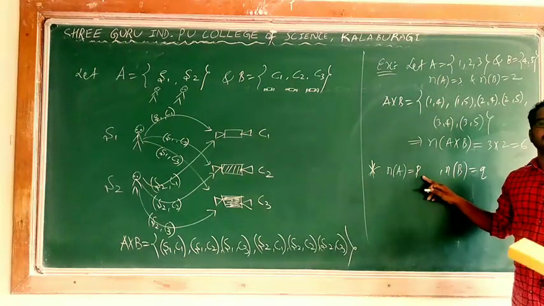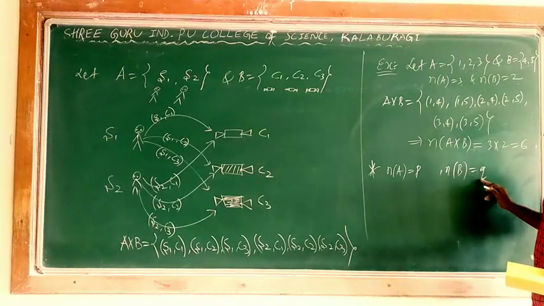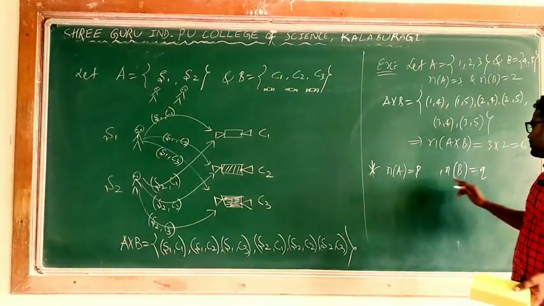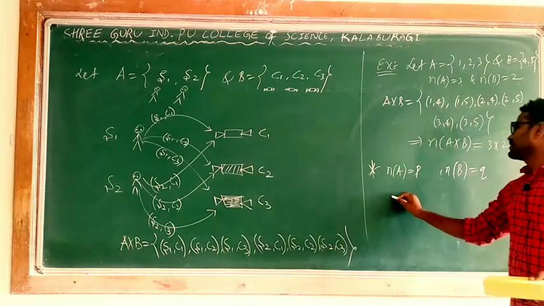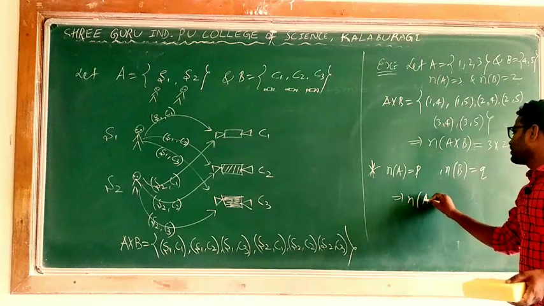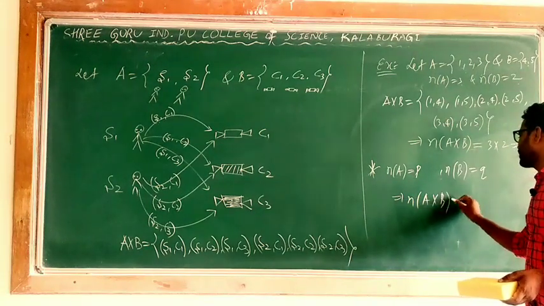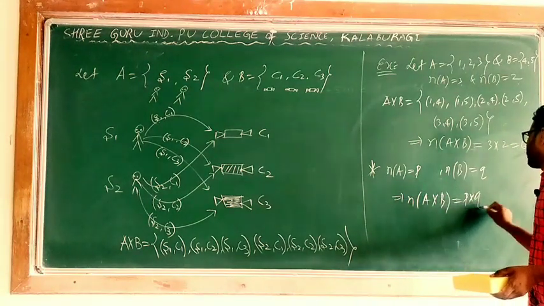P number of elements means it may be any number of elements, and q number of elements here. When n of A has p elements and n of B has q elements, it implies that n of A cross B has how many elements? P into q elements.